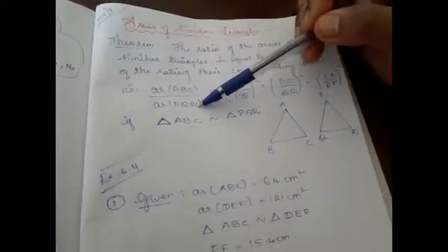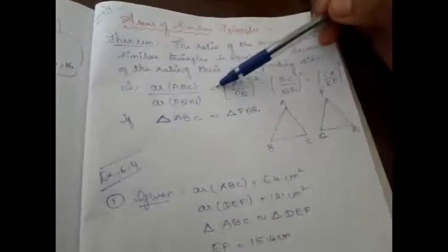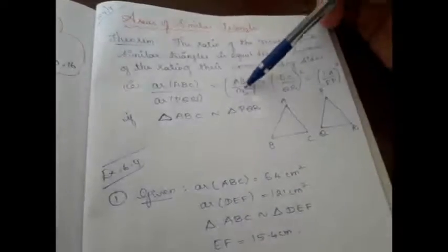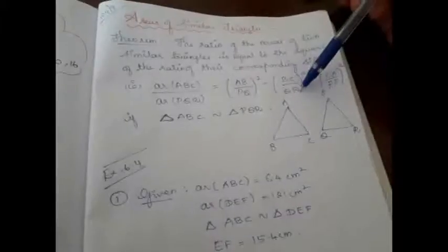That is, if triangle ABC is similar to triangle PQR, then area of ABC divided by area of PQR will be equal to the square of their corresponding sides. AB corresponds to PQ, therefore AB by PQ the whole square, which is the same as BC by QR the whole square, CA by RP the whole square.